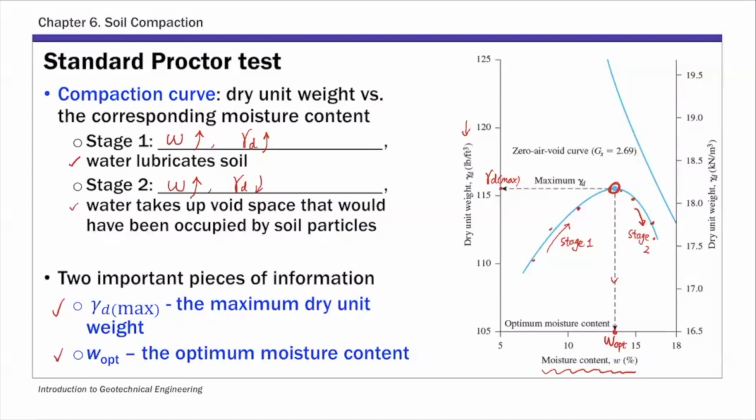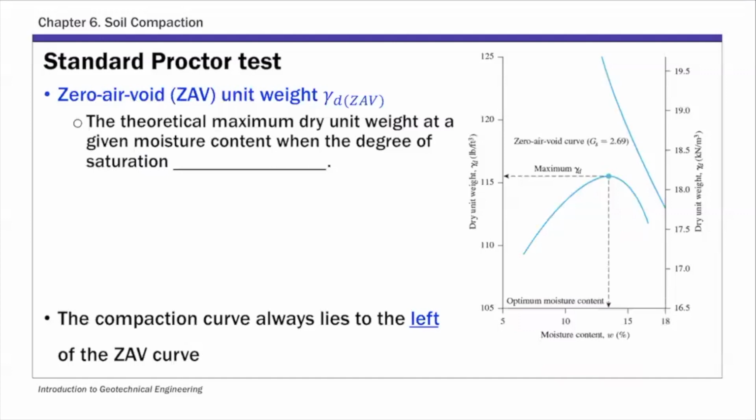If you look at this figure, there's also this line here. This is called the zero air void curve, the ZAV curve.